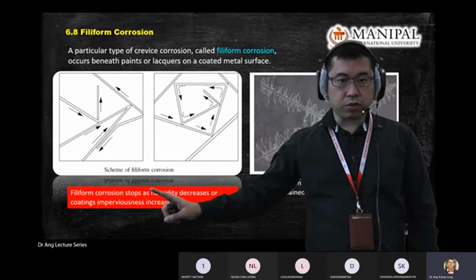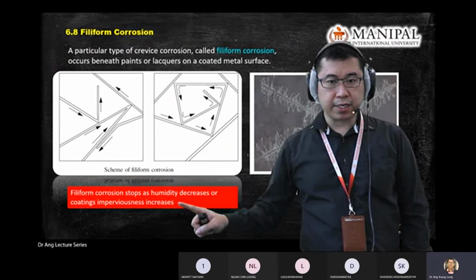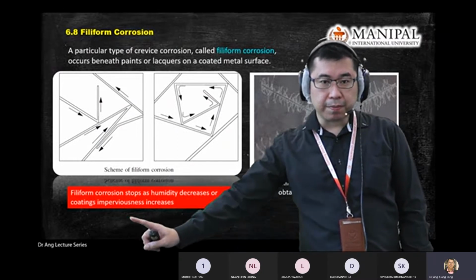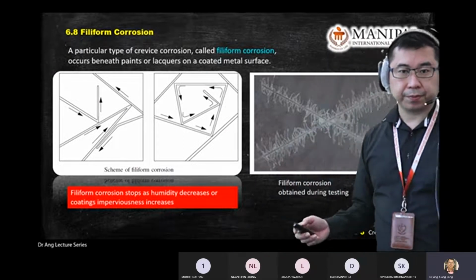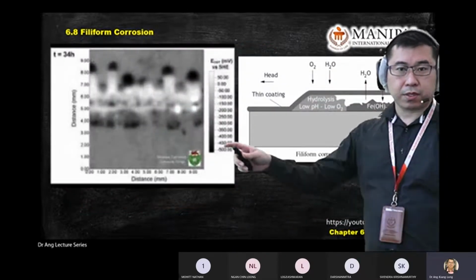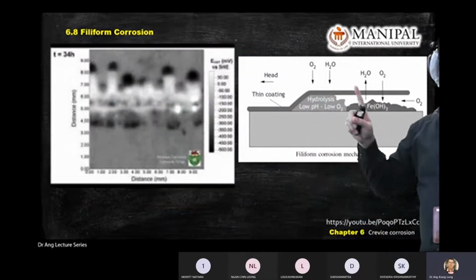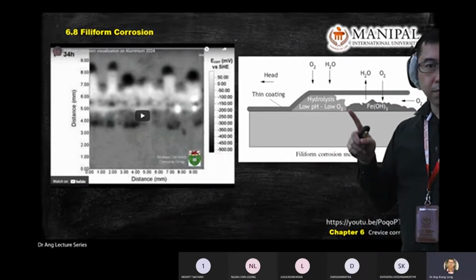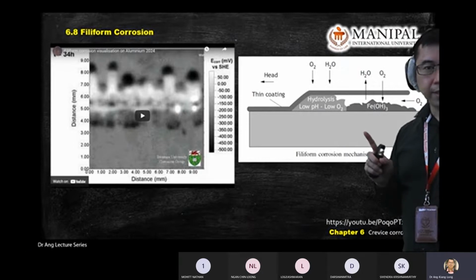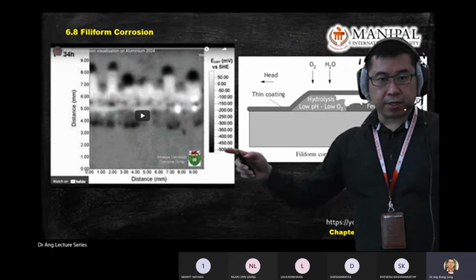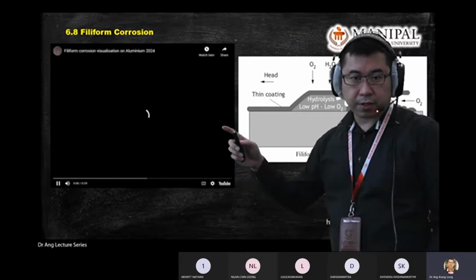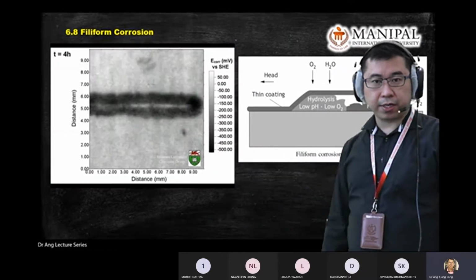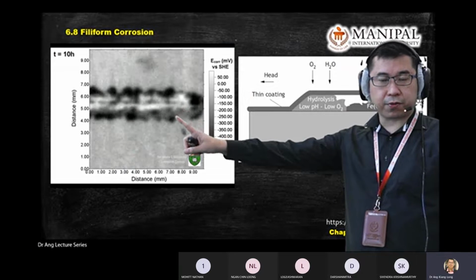So what controls the filiform corrosion is the humidity. So you have seen this diagram before, right, in the filiform chapter. So you should be familiar with it. So this is a video of filiform on an aluminium alloy. As you can see, this one was fast forwarded.